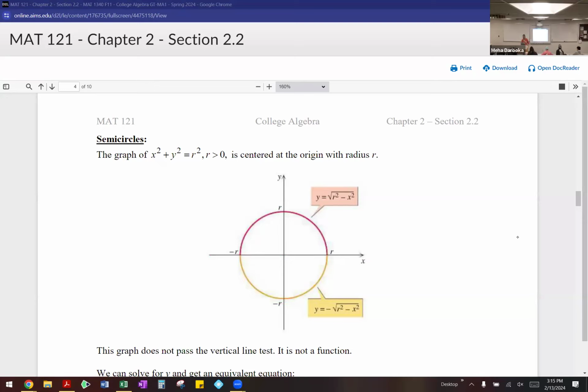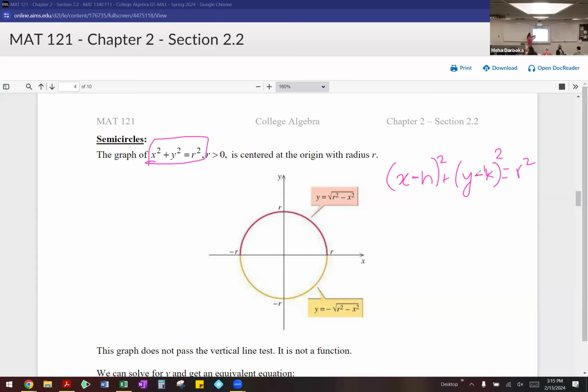So remember the general equation for a circle was this: if you are centered at the origin at 0, 0, or if you are centered away from 0, 0, then the equation goes like this. Squared equals r squared.